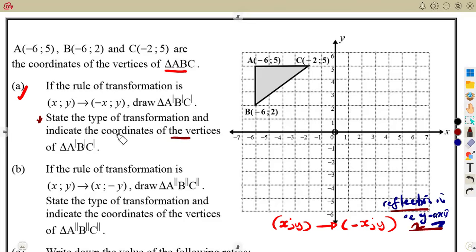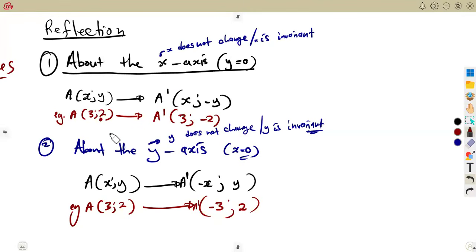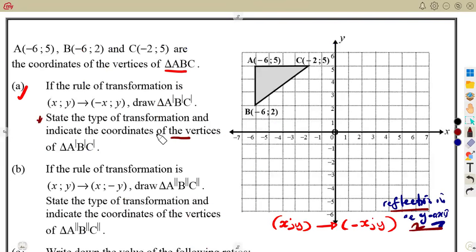We saw, guys, here, where x is going to be minus x, y remains as y. That's a reflection about the y-axis. So knowing this is important, you see, guys. Then they want you to indicate the coordinates of the vertices of the triangle.